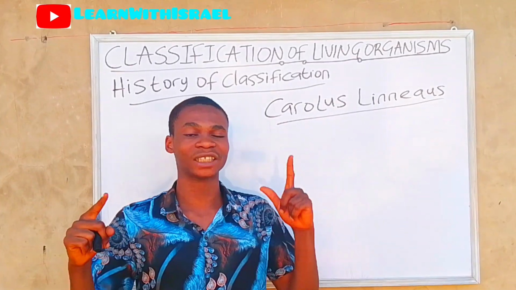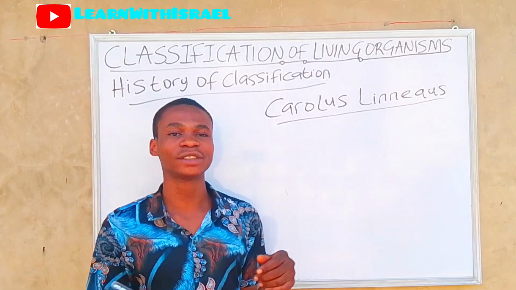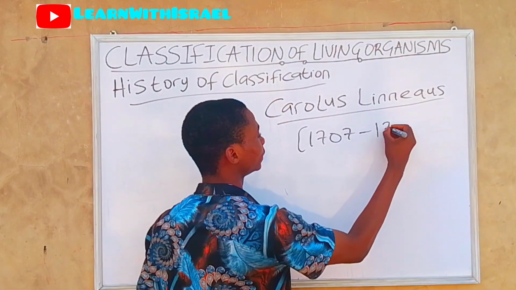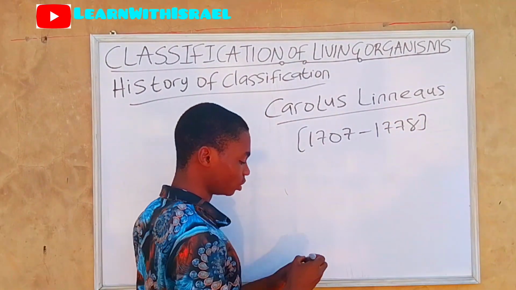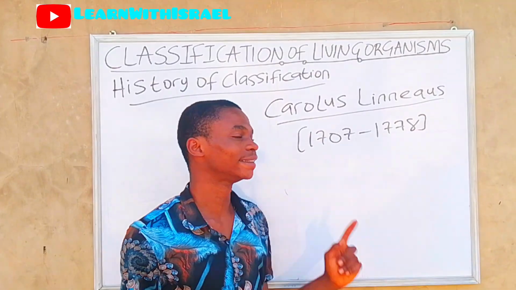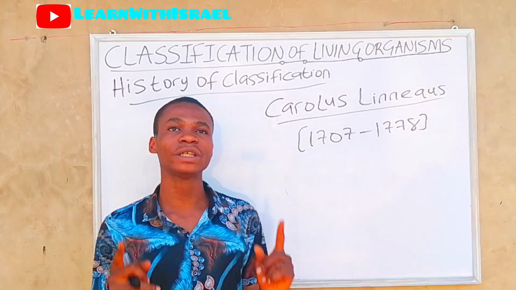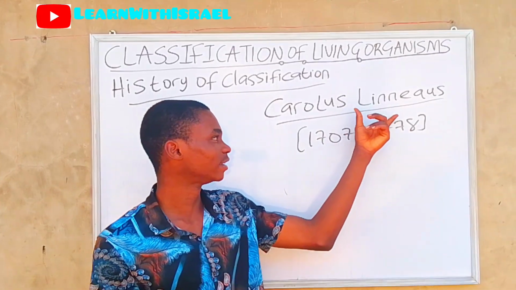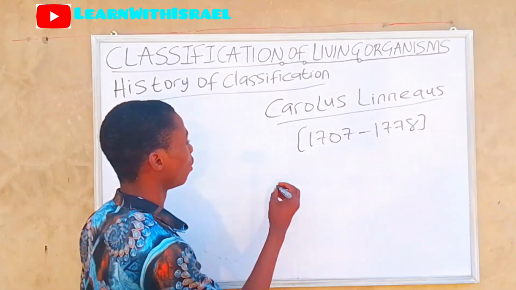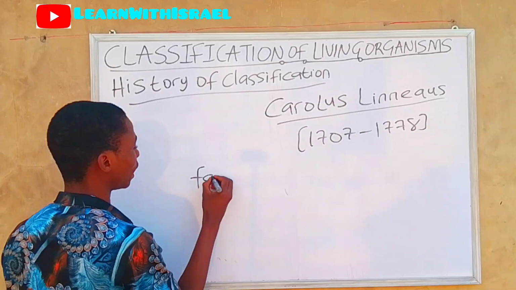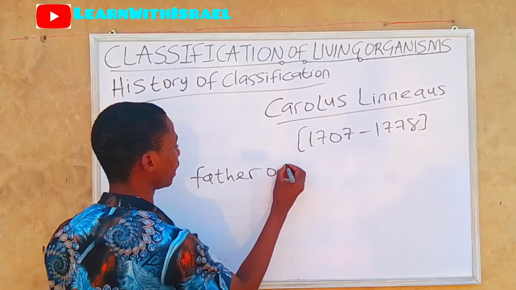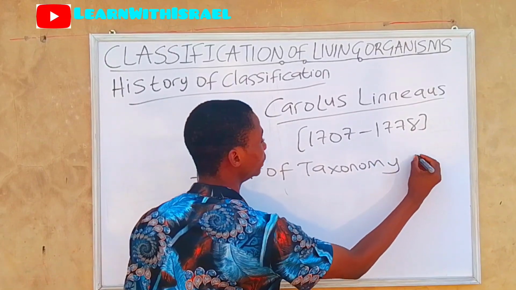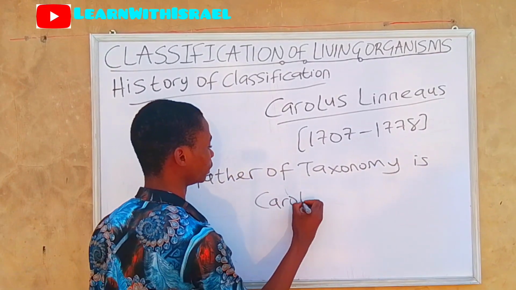He introduced it formally in the years 1707 to 1778, and he's a Swedish botanist. Another thing to note about Carolus Linnaeus is that he is the father of taxonomy. Father of taxonomy is Carolus Linnaeus.